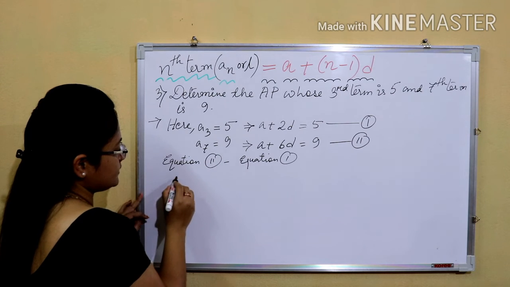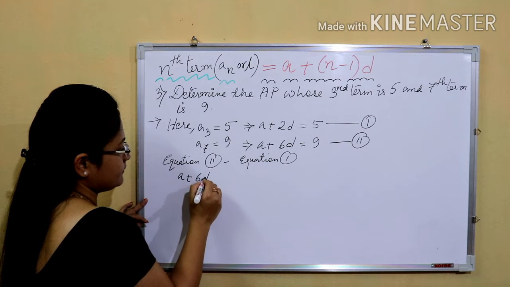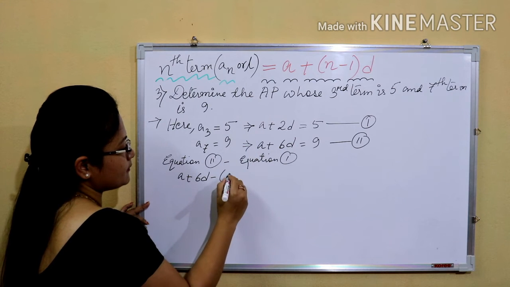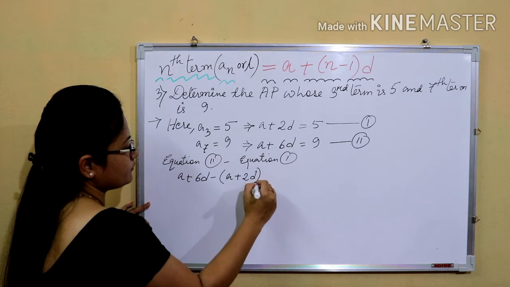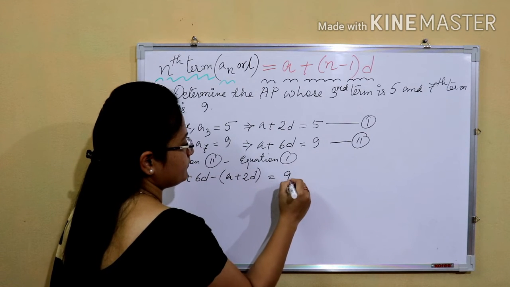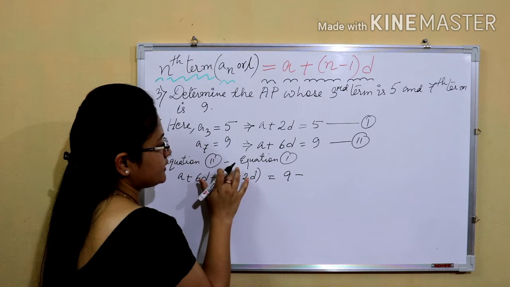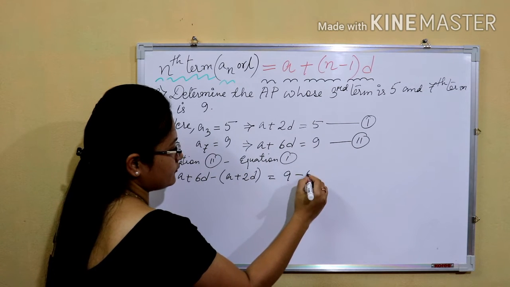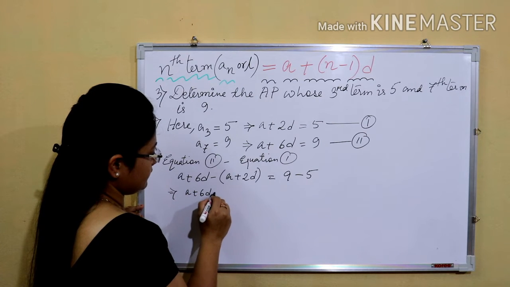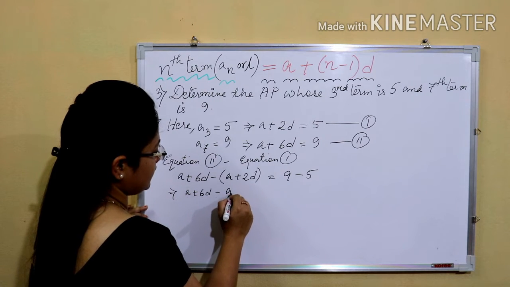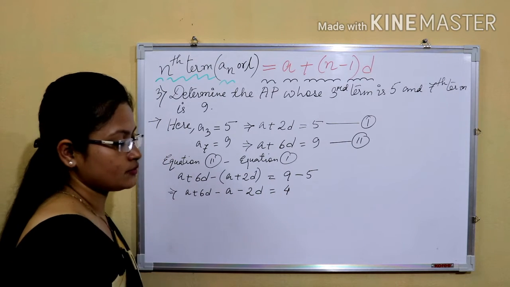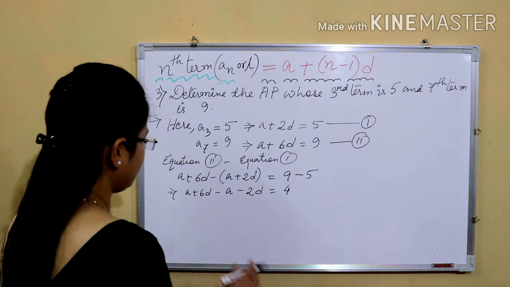Equation 2 left hand side is A plus 6D, minus equation 1 left hand side, A plus 2D. Equation 2 right hand side is 9 and equation 1 right hand side is 5. So A plus 6D minus A minus 2D equals 9 minus 5, which is 4.